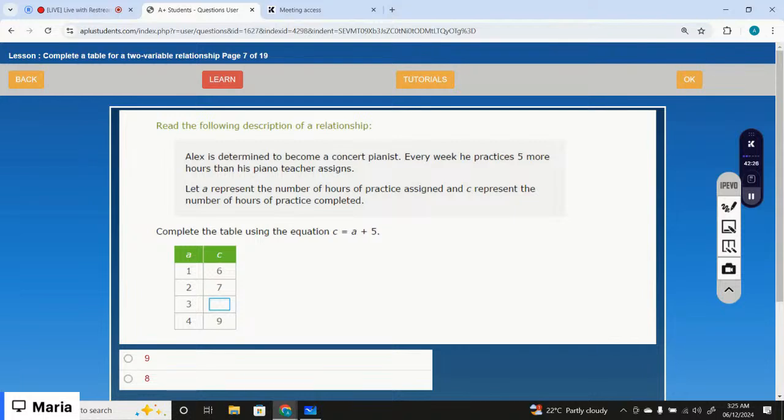The correct option is 8. Option number 2 is the correct option.